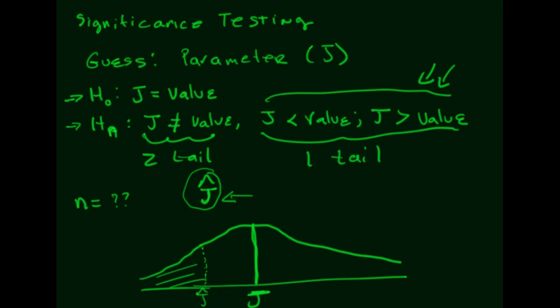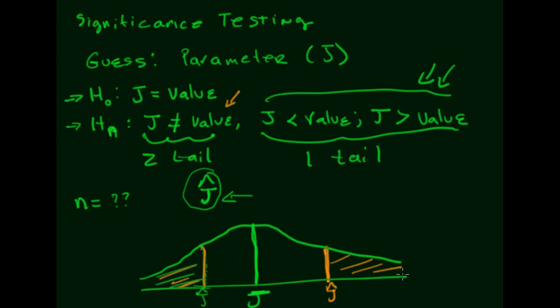If it's a right-tailed test, then we would expect the statistic to be above my guess, and we ask what's the probability that I'm there. And with the two-tail, it's the probability that I got that sample or something more extreme in both directions.